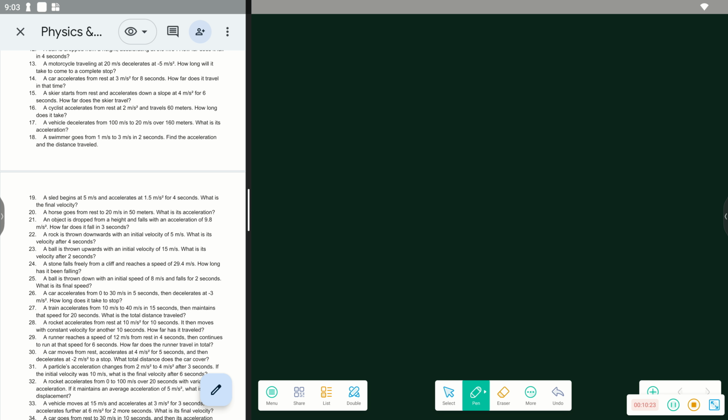16 is: the cyclist accelerates from rest at 2 meters per second squared and travels for 60 meters. How long does it take? So now we're solving for time. Zero meters per second, moving this way.